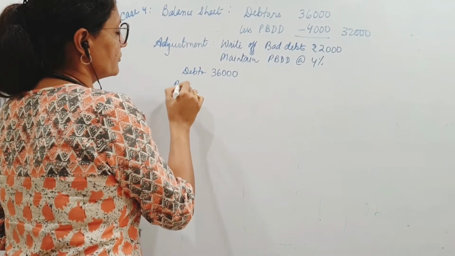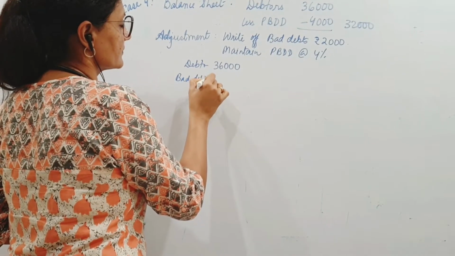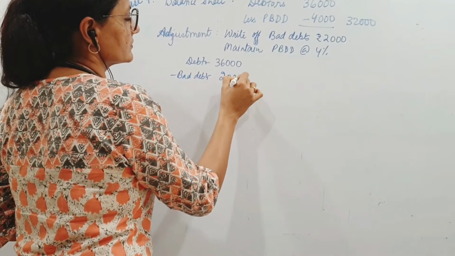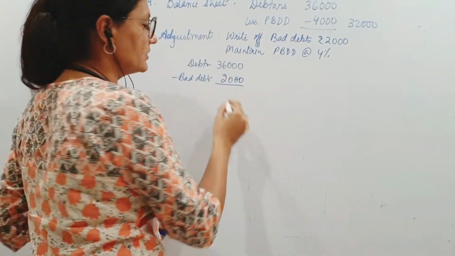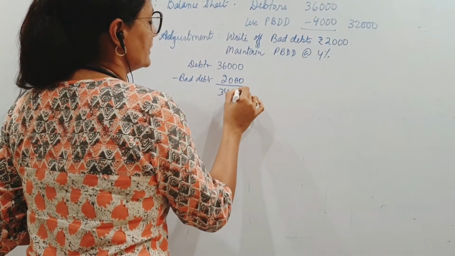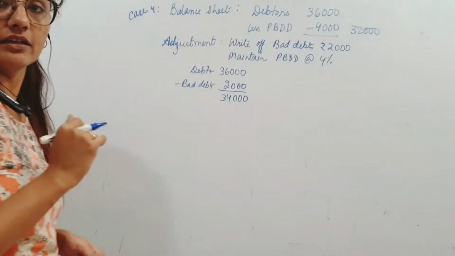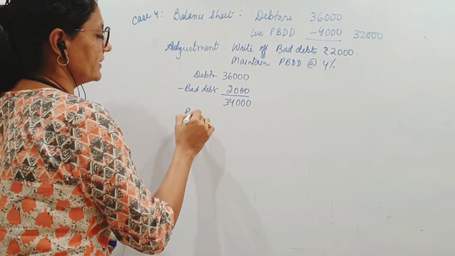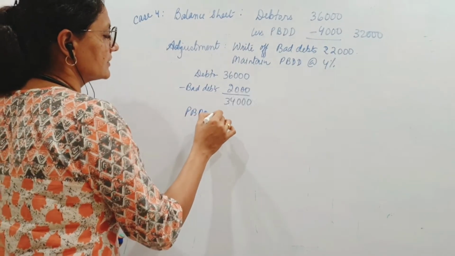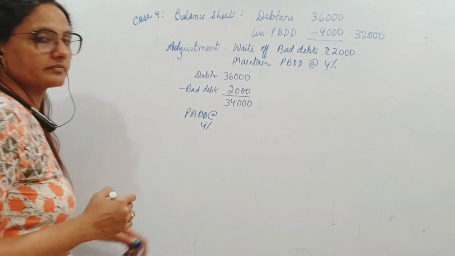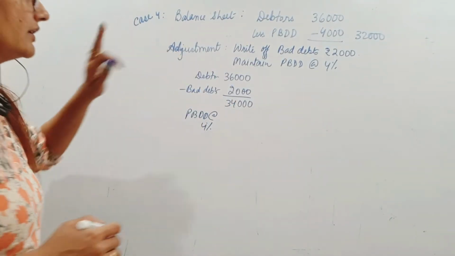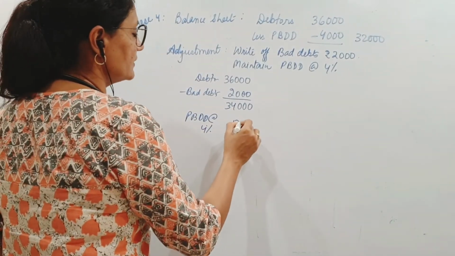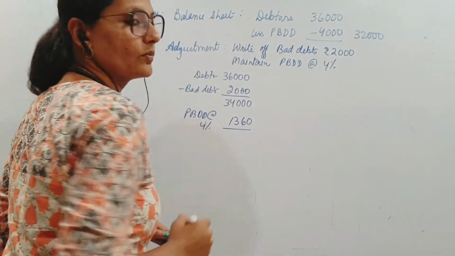You write off bad debts 2,000. Debtors will reduce by 2,000. Your actual debtors now will be 34,000, and the provision is always required at this amount. 4% of 34,000 comes to 1360.